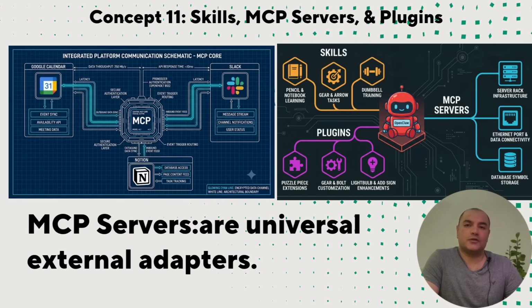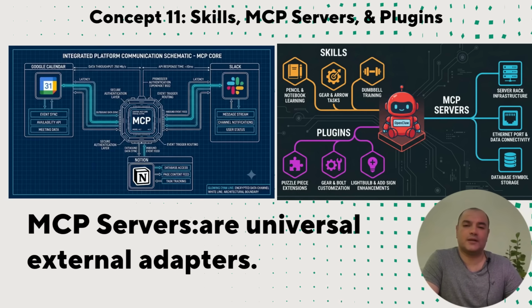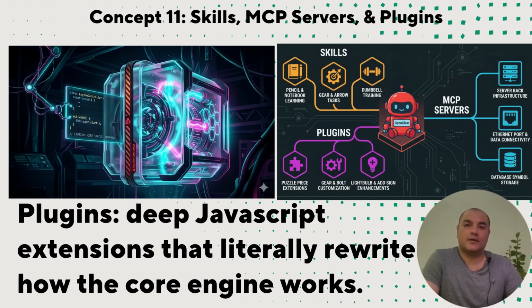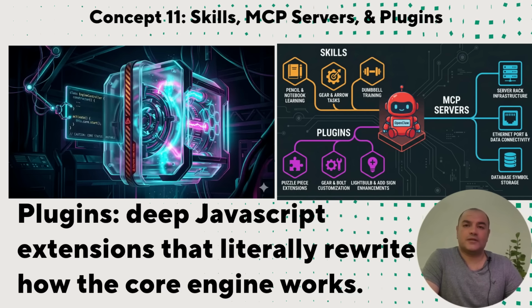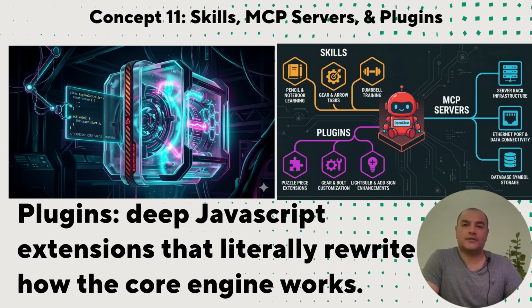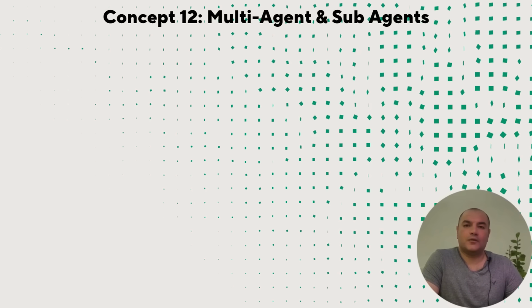MCP servers are universal external adapters. They plug OpenClaw deeply into proprietary business stacks like Google Calendar or Notion. Plugins, however, are deep JavaScript extensions that literally rewrite how the core engine works. Use plugins incredibly carefully.